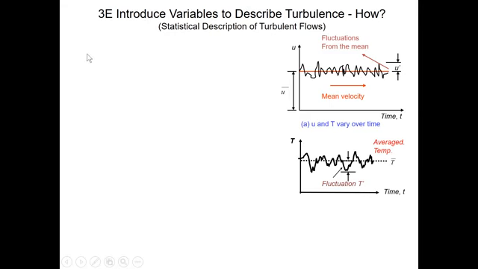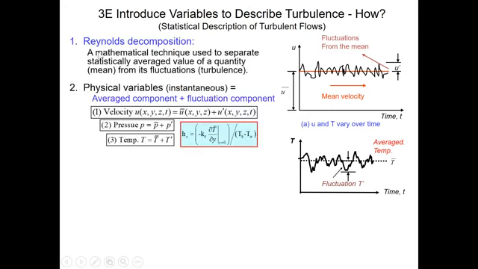How? First, we introduce Reynolds decomposition, which is a mathematical technique to separate the average value of a quantity like velocity, pressure, temperature from its fluctuation.